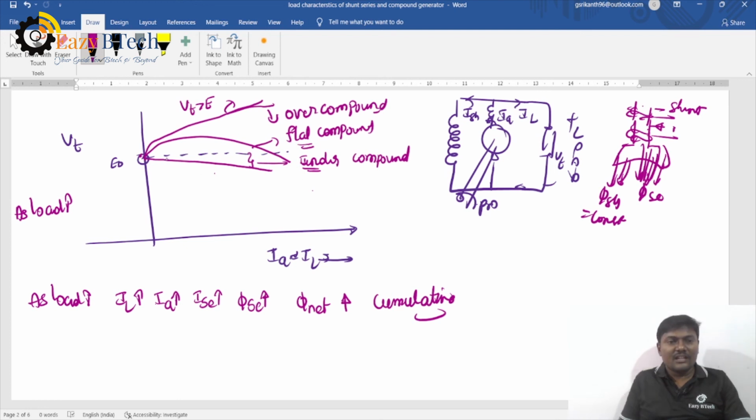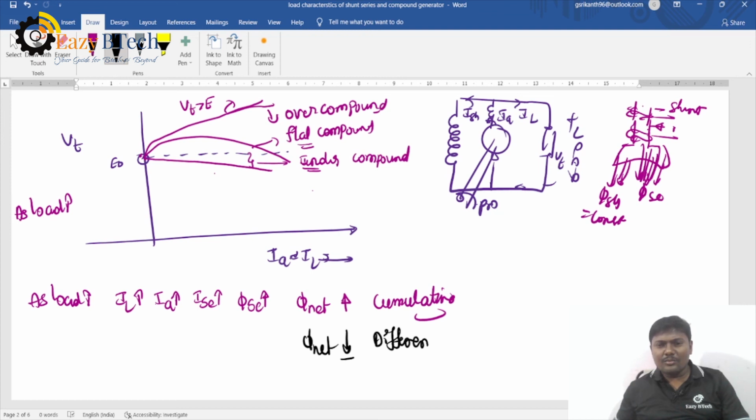Based on that, we draw the characteristics. And for the differential compound DC generator, the flux value will decrease, so the characteristics come like this. From no load to full load, the value will be very low.